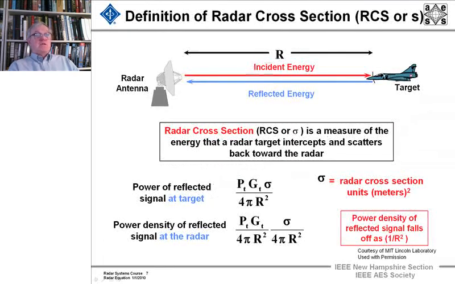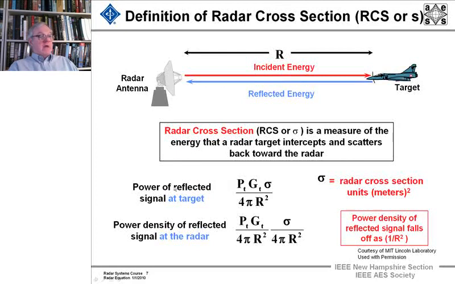Now, that's the power that's in a range R, and it hits the target. And as we said earlier, the radar cross-section, RCS or sigma, is a measure of the energy that a radar target intercepts and is scattered back towards the radar.